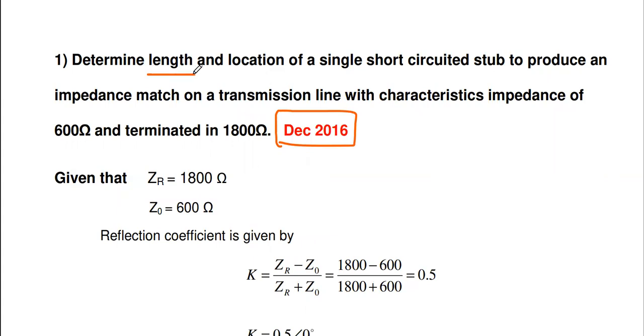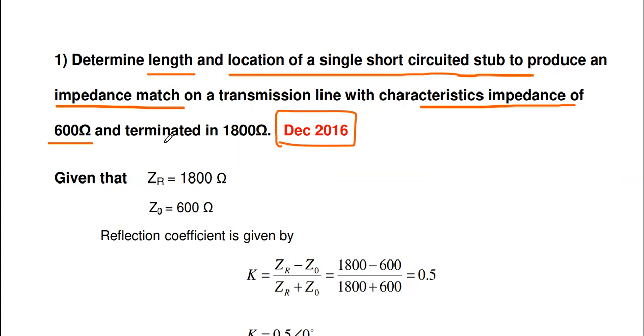Determine length and location of a single short circuited stub. So we have to find out two things: the length of the stub and the location of the short circuited stub to produce an impedance match on a transmission line with characteristic impedance 600 ohm and terminated in 1800 ohm. In all problems, two data will be given.